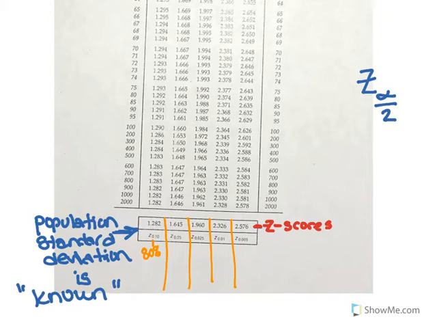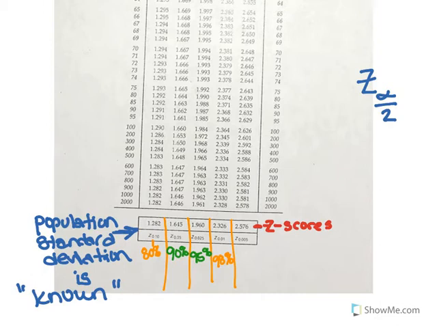The next z-score, which is 1.645, represents 90%. The next z-score, 1.960, represents 95%. 2.326 represents 98%.